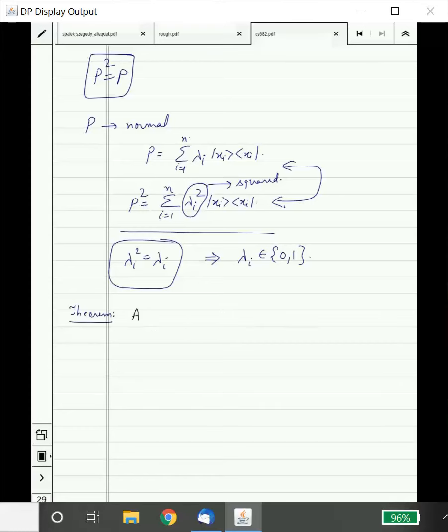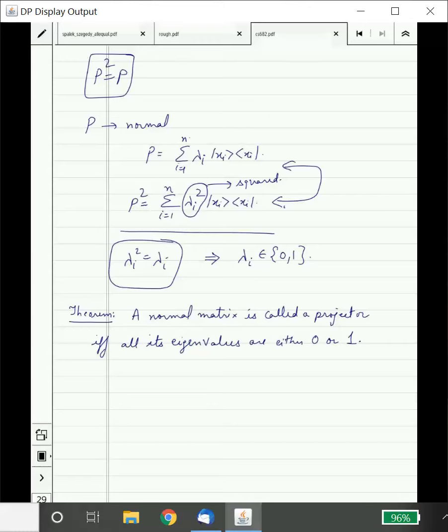A normal matrix is called a projector if and only if all its eigenvalues take only two values. They are either 0 or 1.